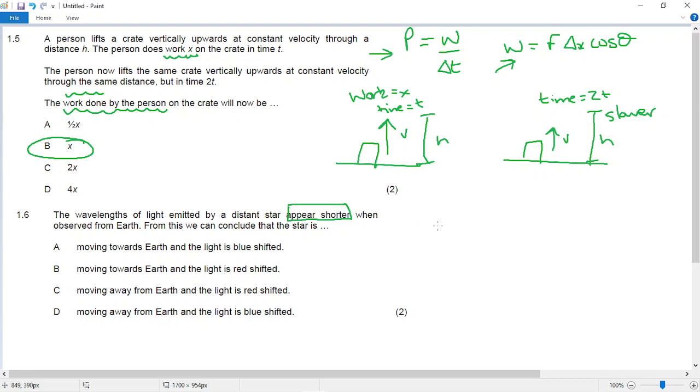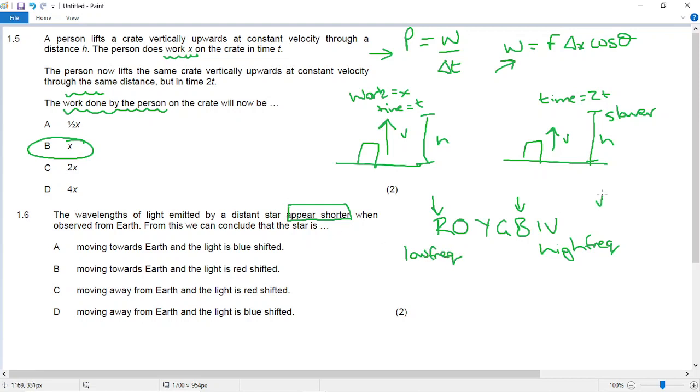Now, remember when we talk about the Doppler with the stars, we talk about redshift and blue shift. So if we write the colors of the rainbow or the spectrum, whichever you prefer, here is red and here is blue. So the blue end of the spectrum is actually the high frequency, and the red end of the spectrum is the low frequency.